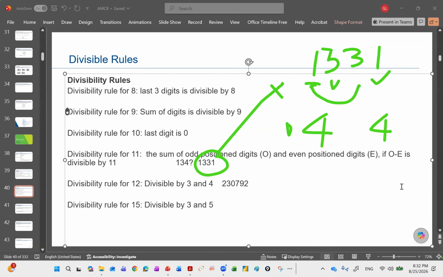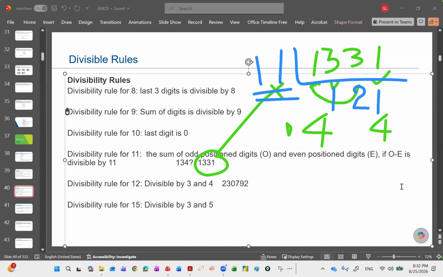So the difference is 0, so it is divisible by 11. Let's use the routine rule to divide by 11. You use 1, so it's left 2, 23. You use 2, 22 is 11. So 1331 actually is 11 times 121. It's divisible by 11. The rule makes sense, right?